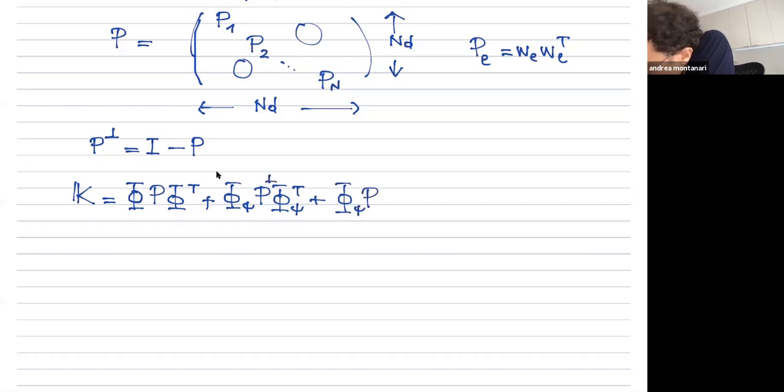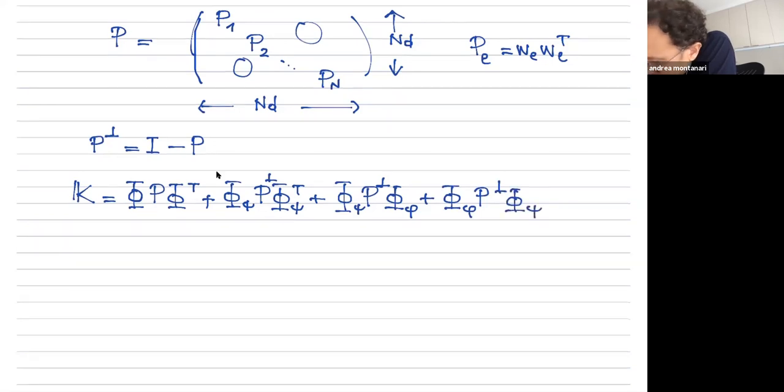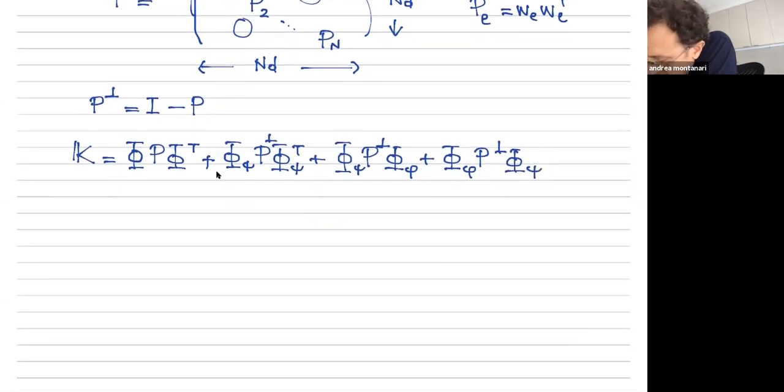This is P orthogonal. Now all of this looks mysterious, but hopefully in a minute it will be clearer why we are doing this. And then we have a last part.